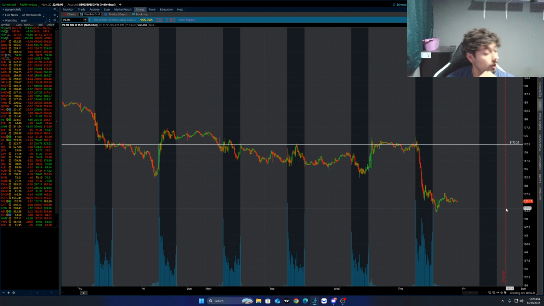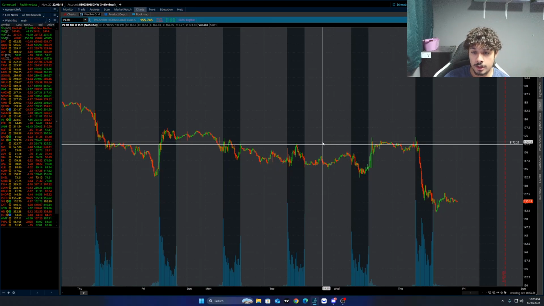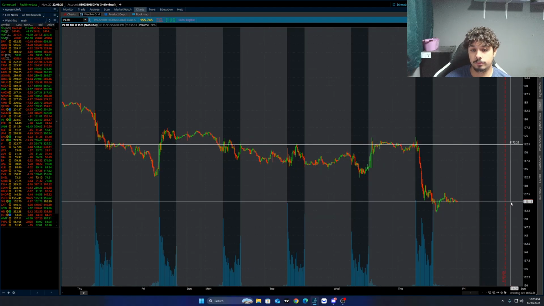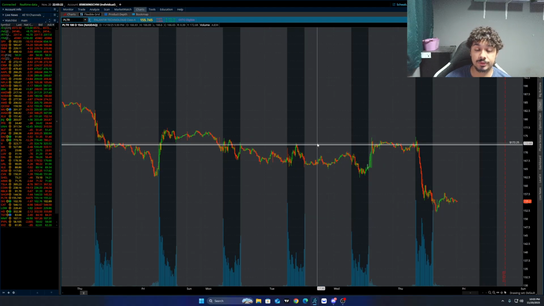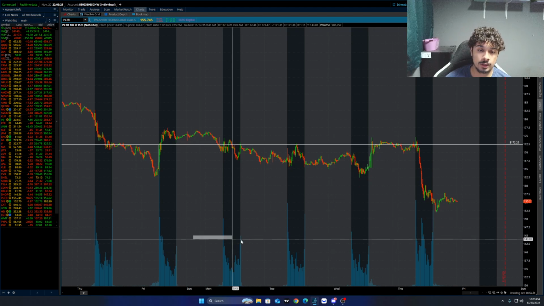Figure it out while I drink water. Waiting for the answer. Okay. Previous resistance here. Previous support, turned resistance.